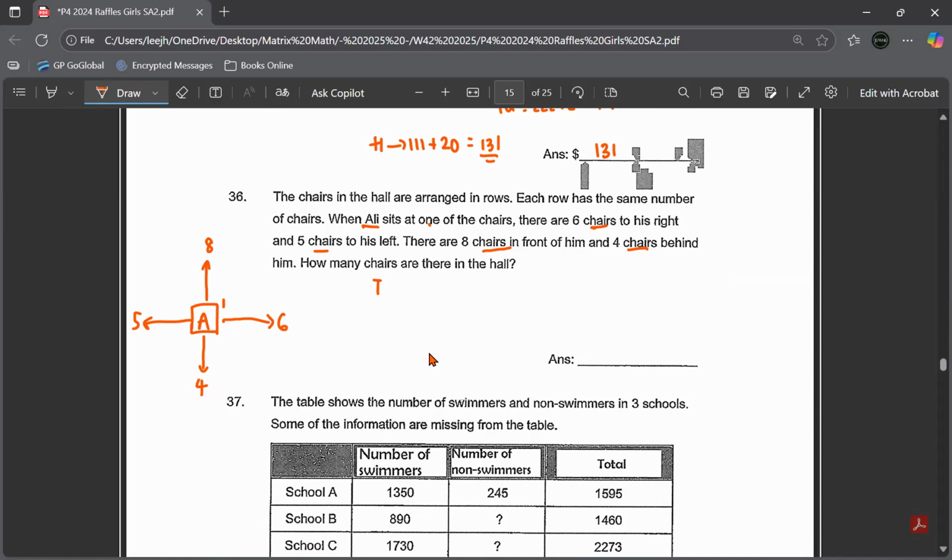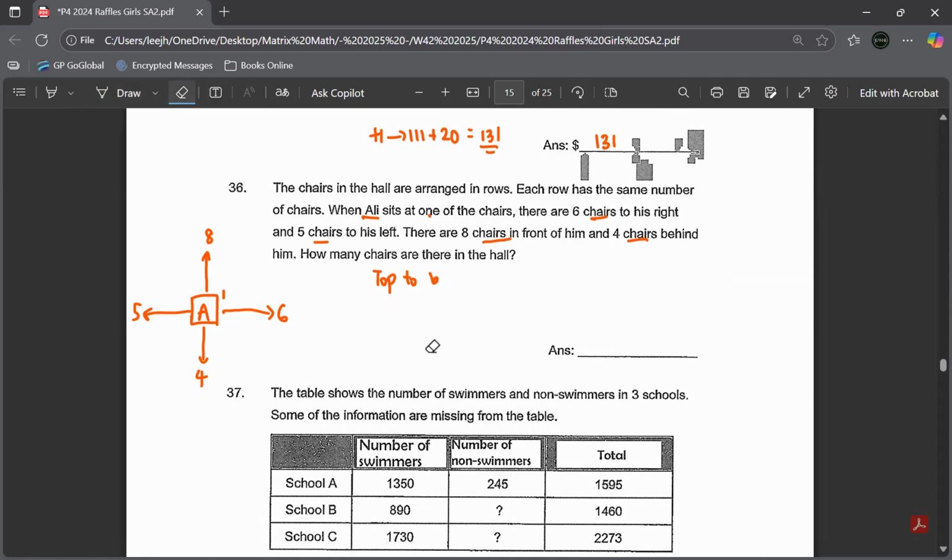So top to bottom, you can find out how many chairs. So you can see top to bottom, 8 plus 1. Ali is in one of them. 8 plus 1 plus 4 equals 13.